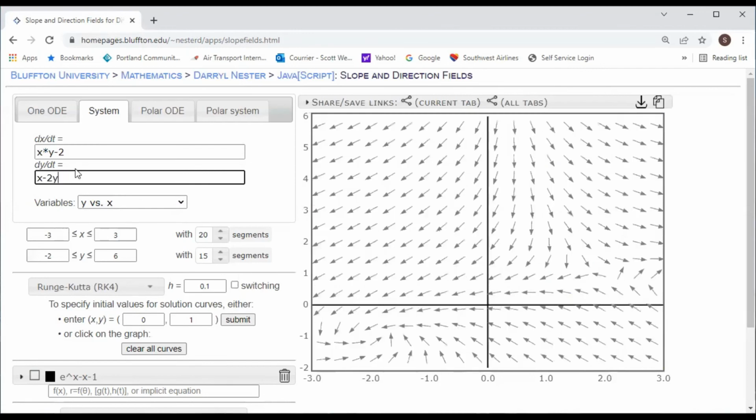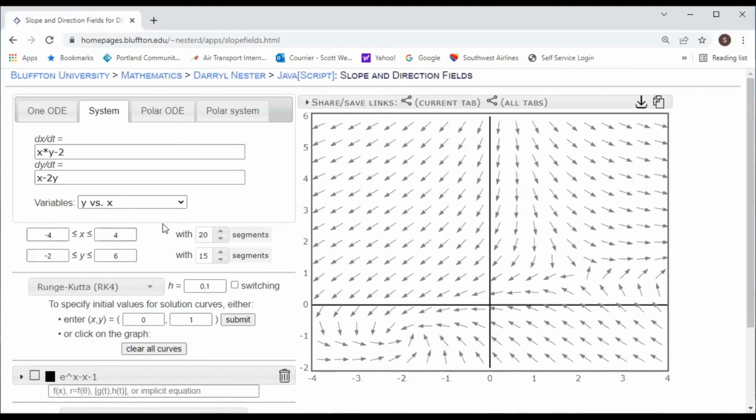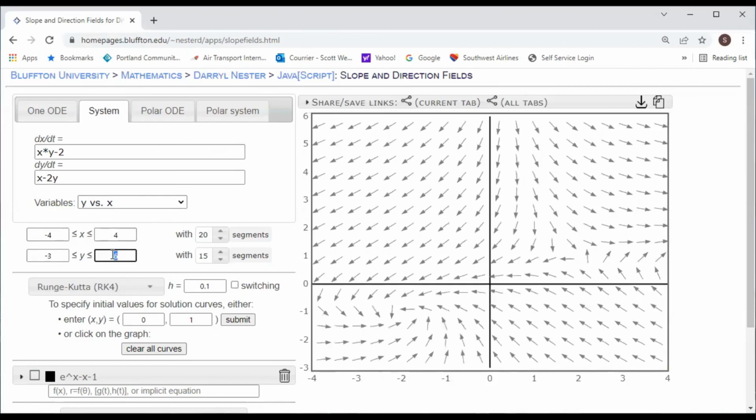And our findings here were 2, 1, and -2, -1 for our values. So let's say -4 to 4. So we have our x coordinates clearly in there. And let's just say -3 to 3 to get a good picture.